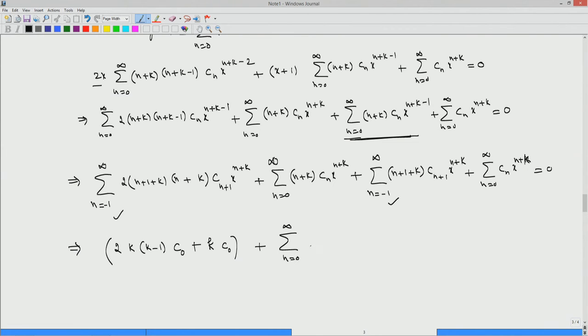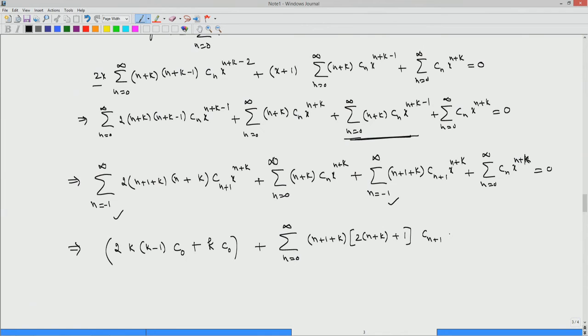Now, you can combine all these series, all the 4 series. So, c_(n+1) appears here, so you have (n+1+k), and this is common when you take it out. So, you have 2 times (n+k+1) times c_(n+1) into x^(n+k).